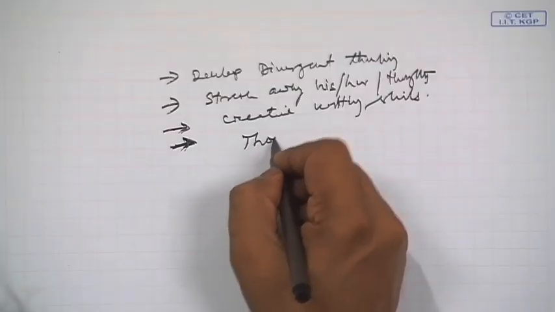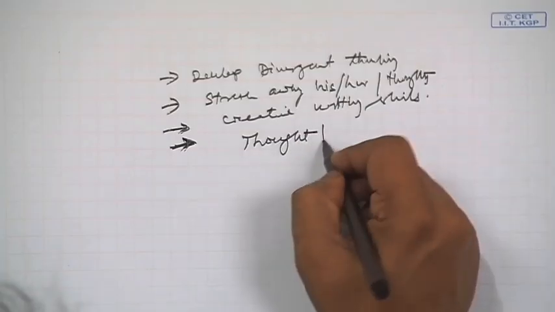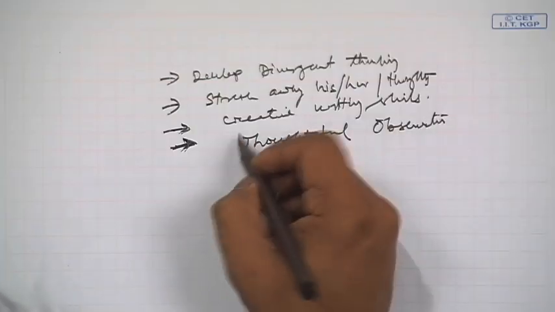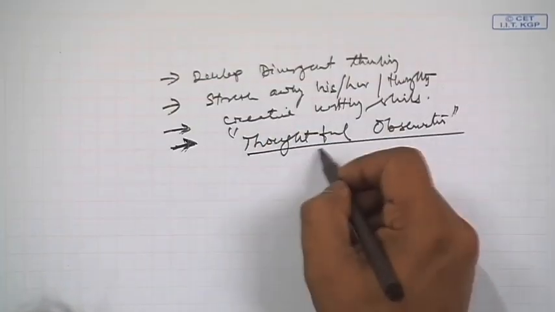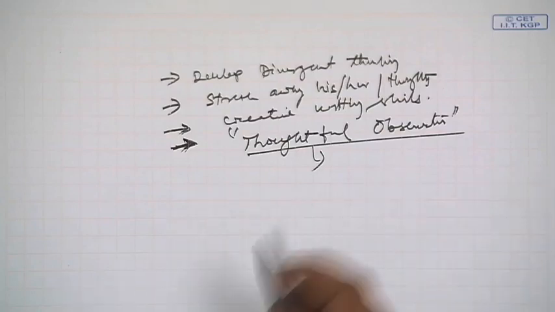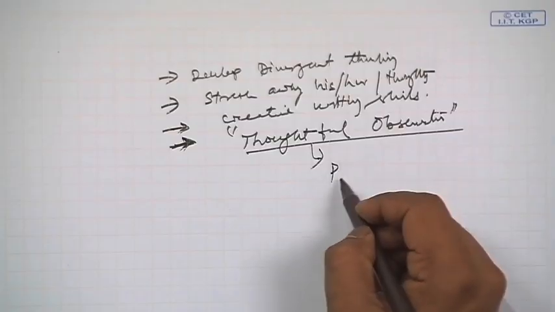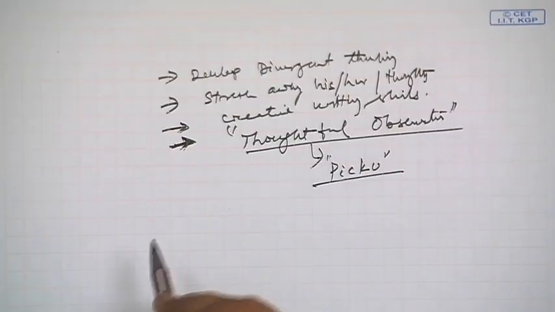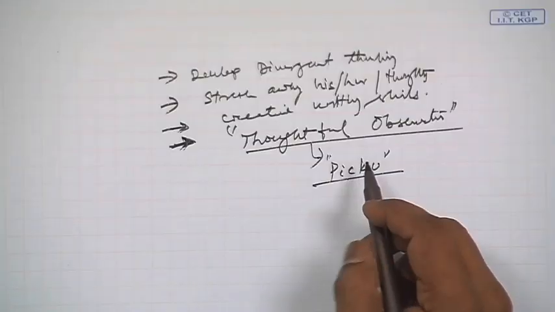He said only one word: thoughtful observation. And in fact, this is the only word that made the director come up with a movie like Piku. The central theme of the story moves around only one word, that is constipation. The movie begins with constipation and ends with constipation.